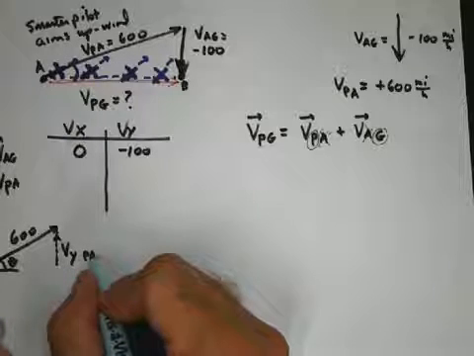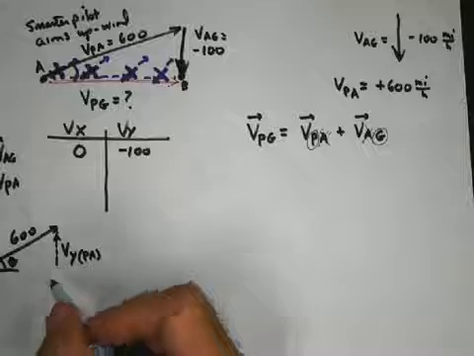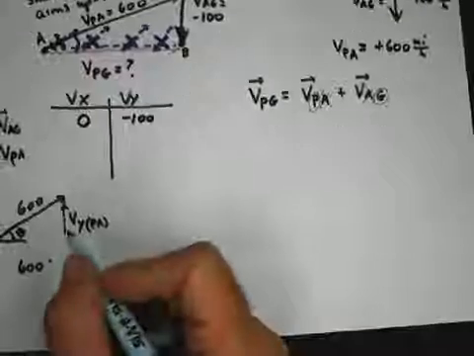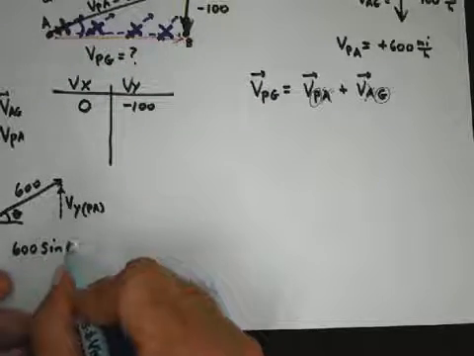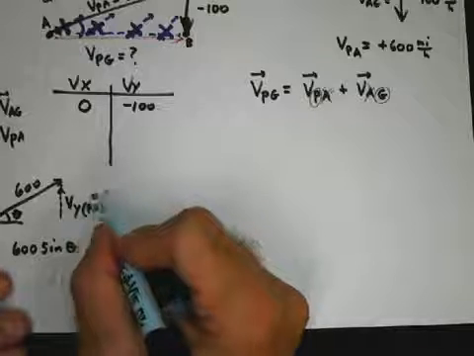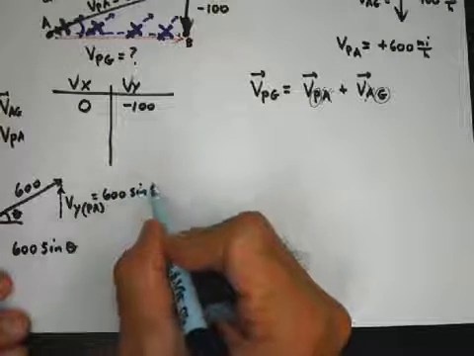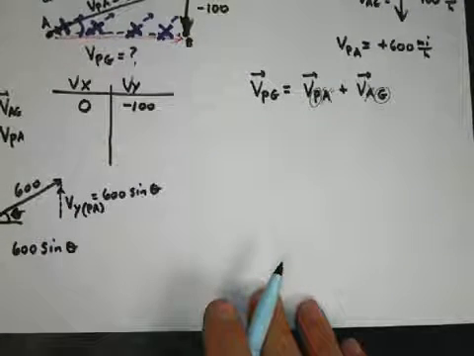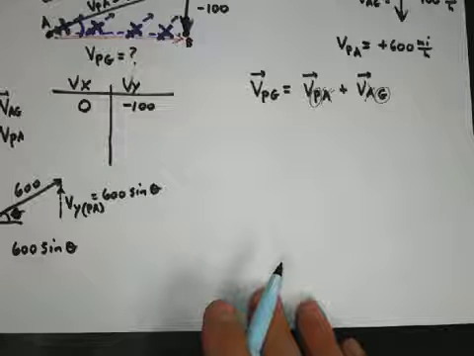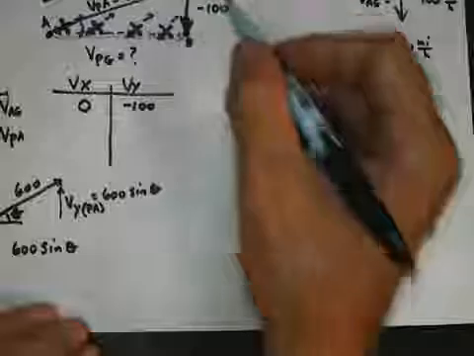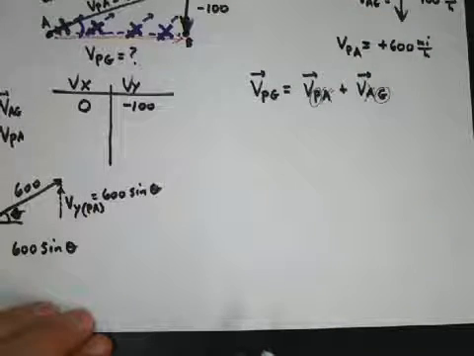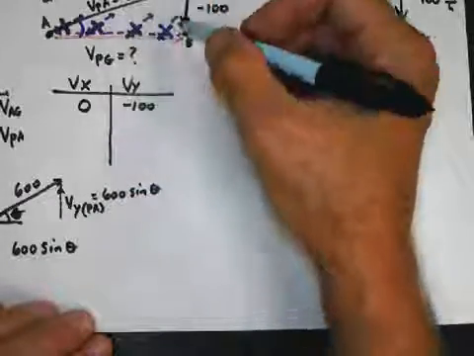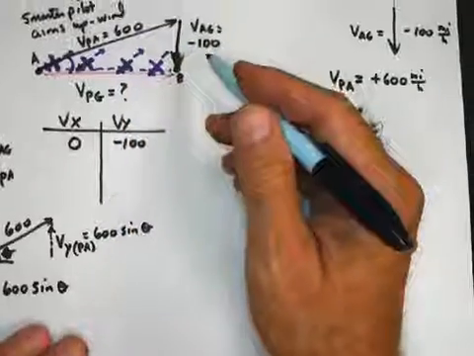So how do we find that? Well, that would just be 600 times the sine of that angle. So this is equal to 600 times the sine of whatever this angle is. Well, what does that have to be equal and opposite to? That has to be equal and opposite to 100 miles per hour, right? In other words, the pilot's vertical component of velocity has to point upward, which cancels out that downward velocity of the wind pushing on the plane.